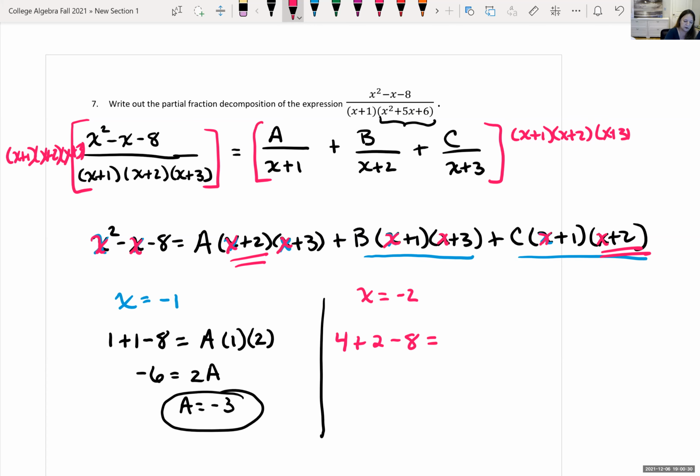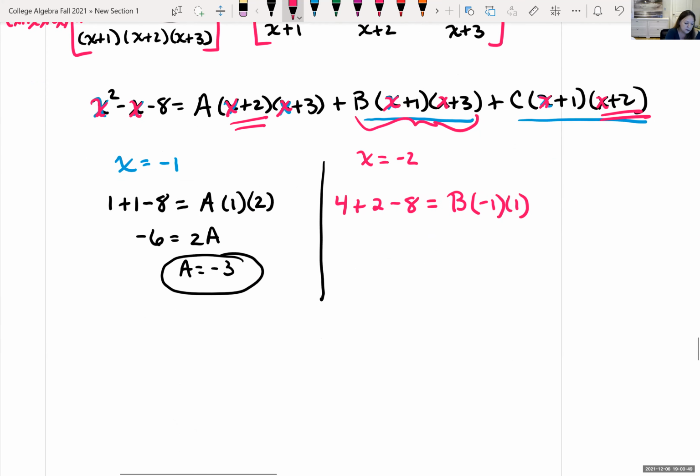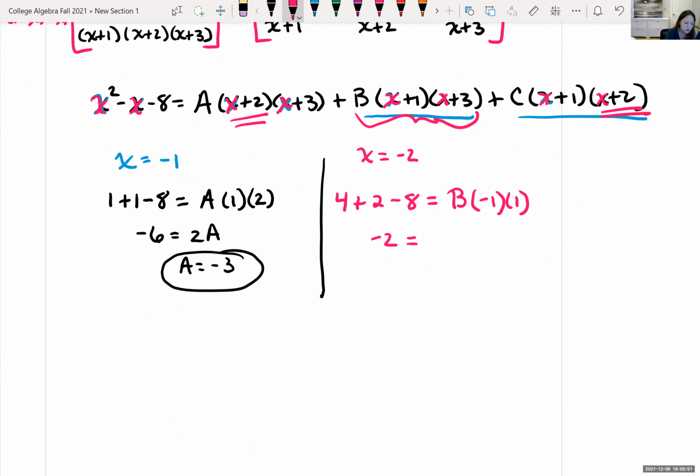This is equal to b all times -2 plus 1, so that's a -1, and -2 plus 3 is +1. So we have 6 minus 8 is -2 on the left equals -b. So in here, b equals 2.